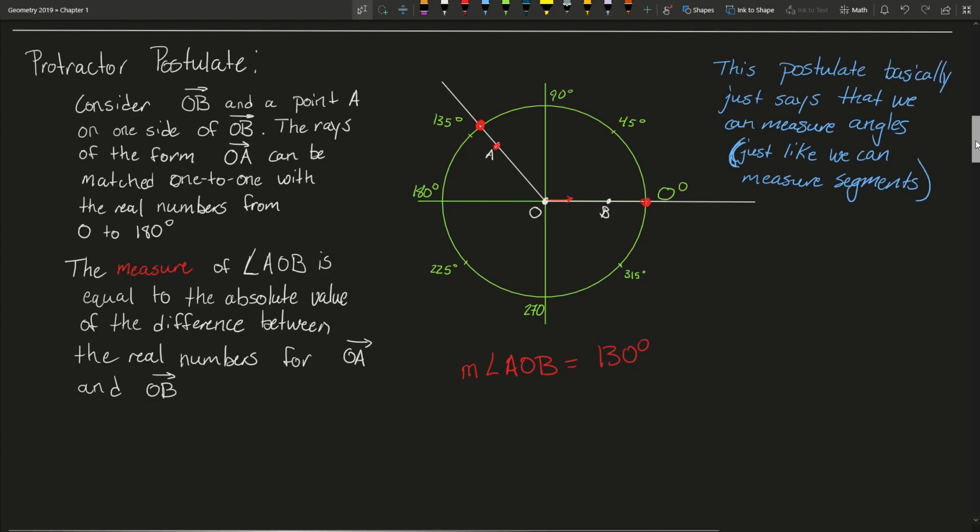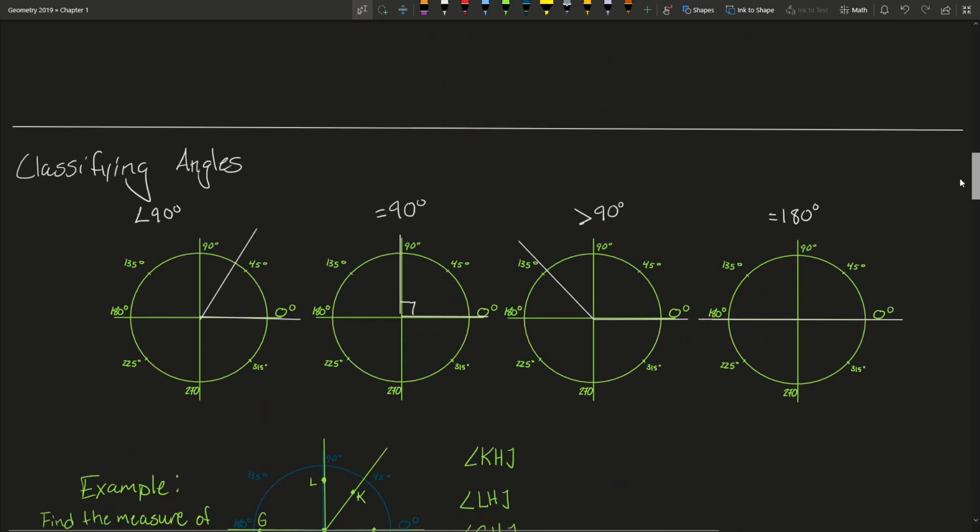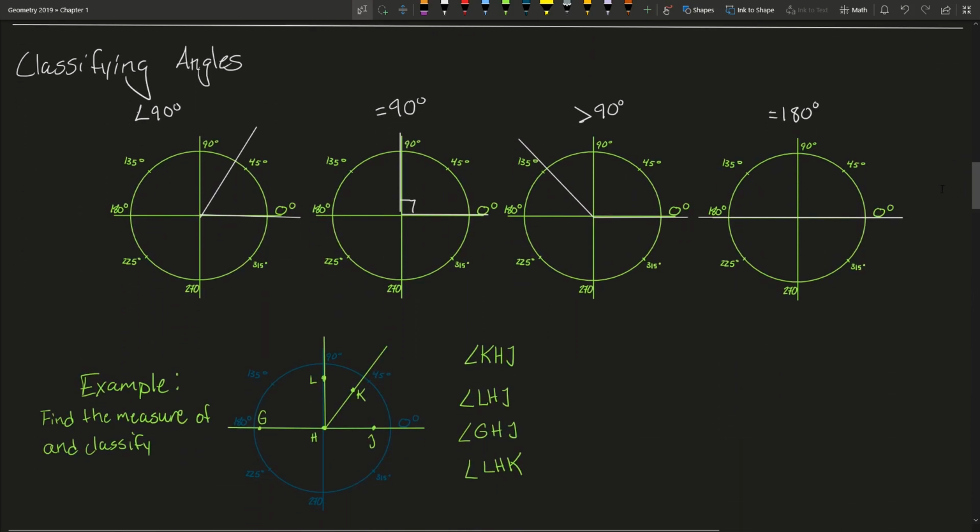Different measures of angles have different classifications. Angles can be less than 90 degrees, as shown right here. These angles are called acute angles.